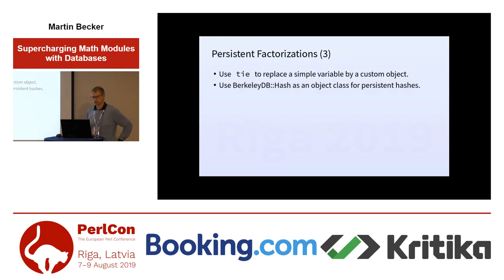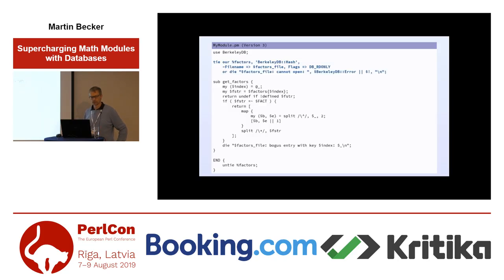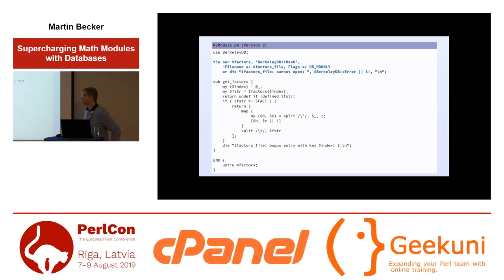It was the DB_File module. Now the current successor of this is BerkeleyDB, and it allows you to access the data in your file like it would be in a variable. So you still have a hash with your index of things to access, and with the tie function, you tell the BerkeleyDB class that it has to populate this when you need it.